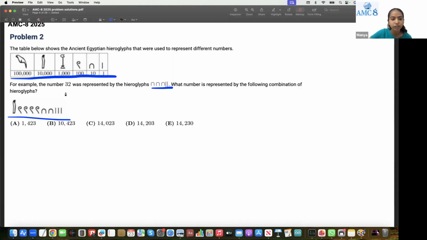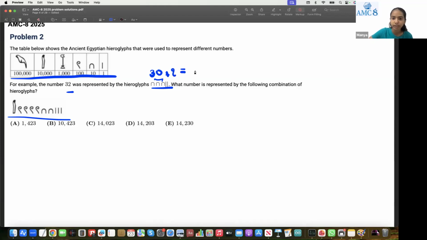In 32, they told us that this upside down U would be 10, and 3 of them would be 30. And this also looks like 1, so that's easier for us, and those would be 2. So 30 plus 2 gives us 32.